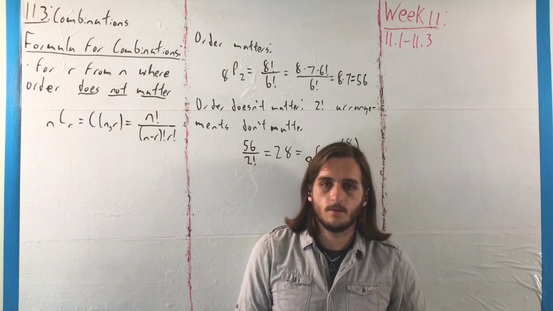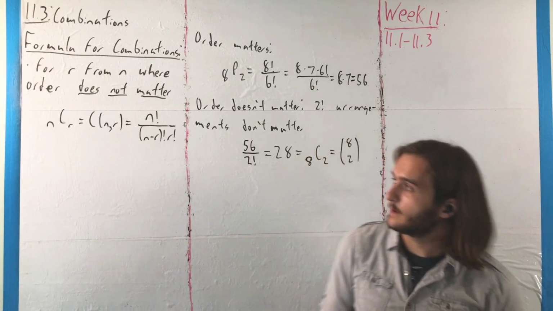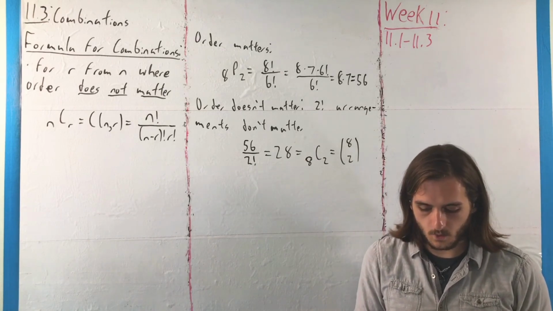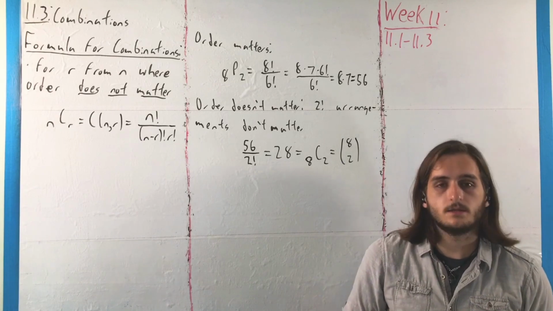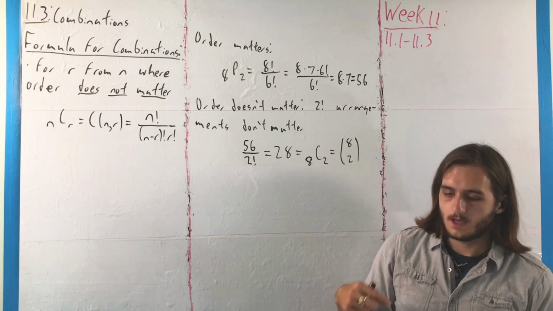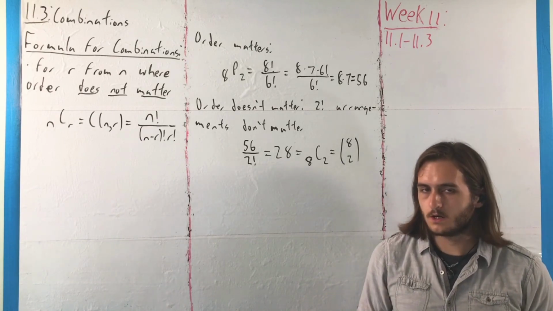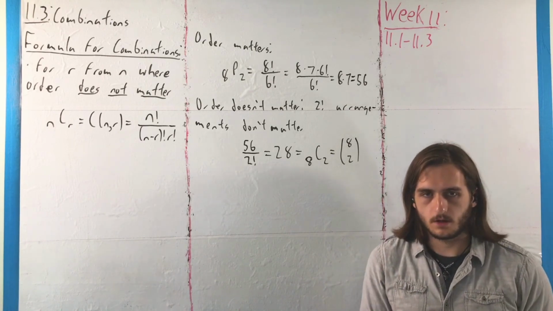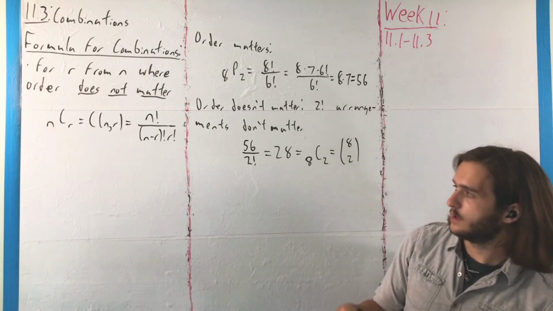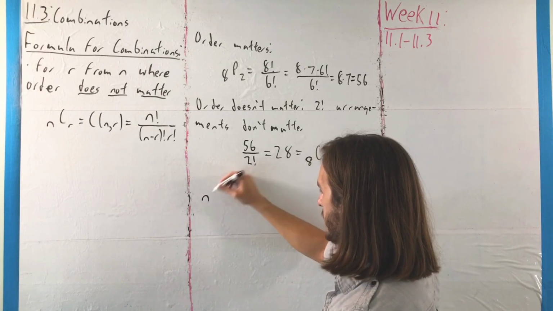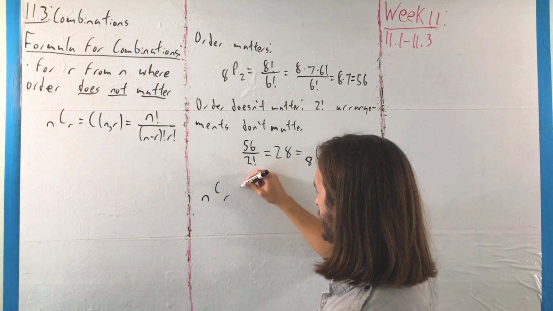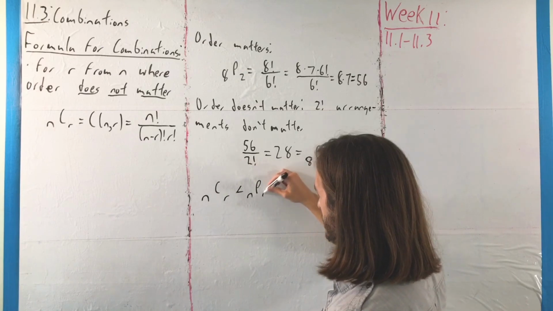And what we should know is that because we don't care about the way in which things like this are organized, except in some very specific, very special cases, we have generally that n choose r is much smaller than n permute r. That is, outside of some special values for n and r, nCr is less than nPr.